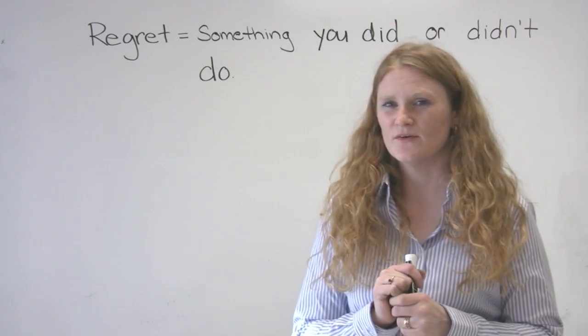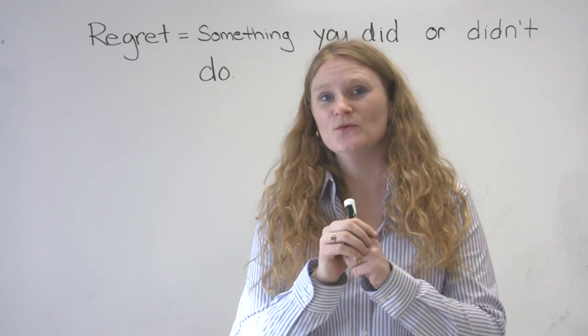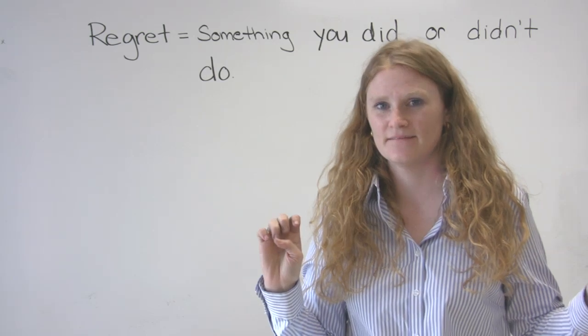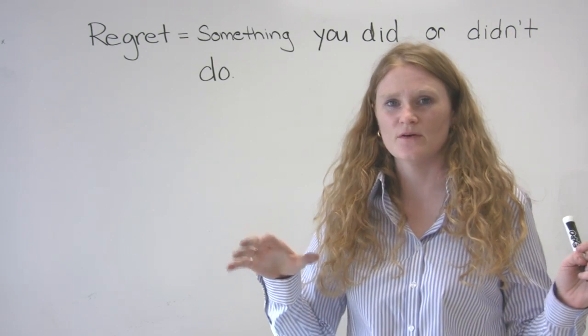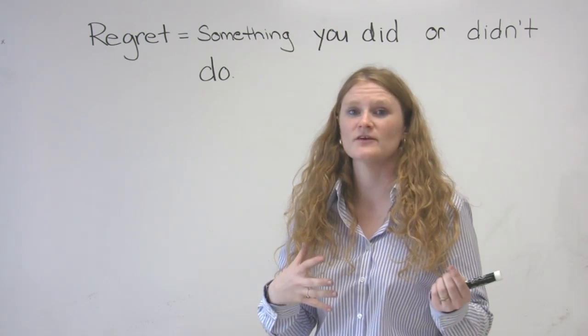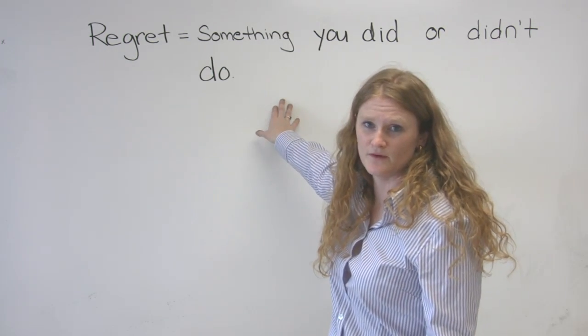Today we're going to talk about a mistake that you and I and everyone has made. We're going to talk about a mistake that you've made in the past. These are called regrets, okay?